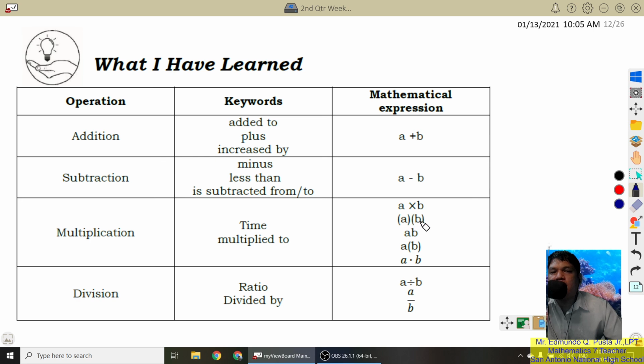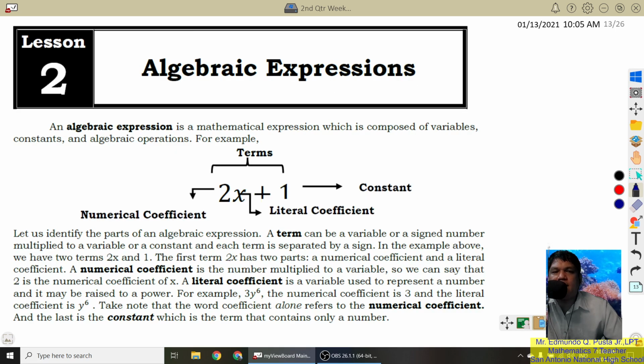Ayan. We can use the cross, the X, the parenthesis. Ayan. Ayan yung magkatabi. We can have one parenthesis only, or we can have the dot. Okay, for the multiplication. For the division, we have the divide sign and A divided by B, and then we have A over B. Okay, thank you very much.